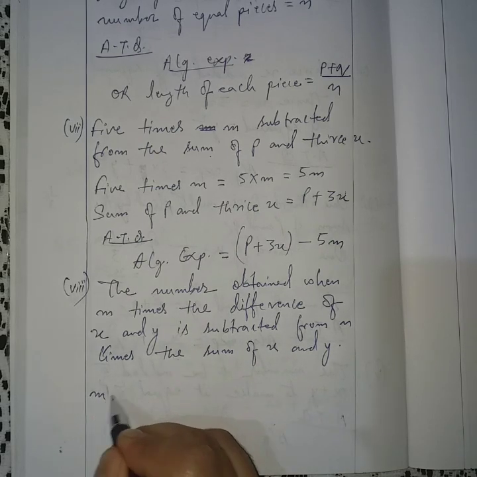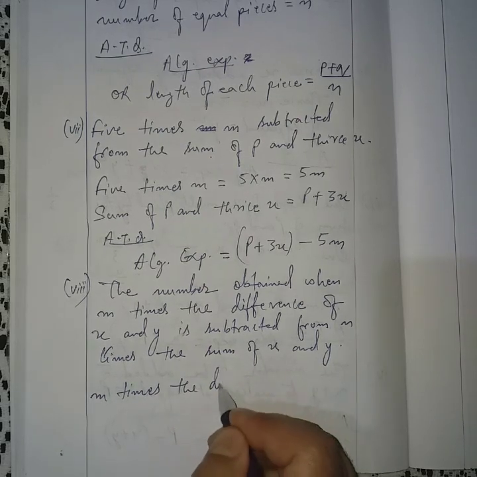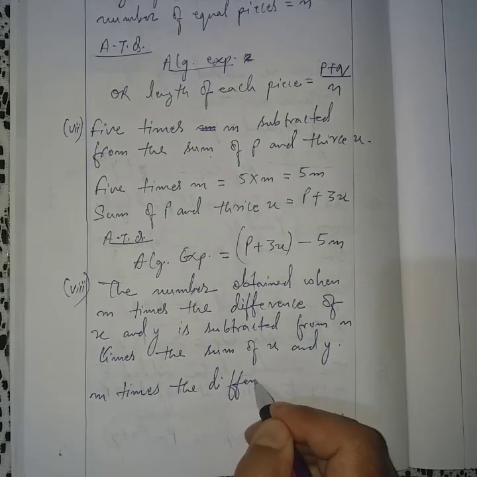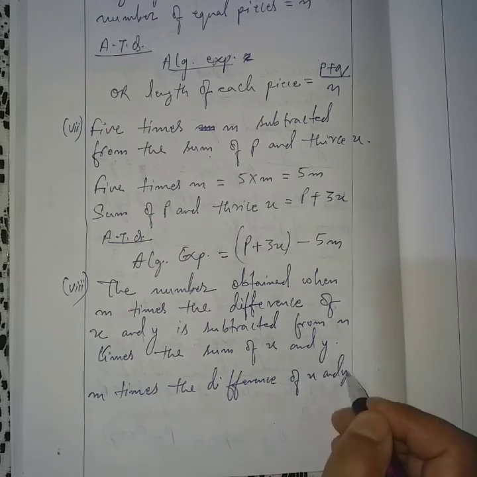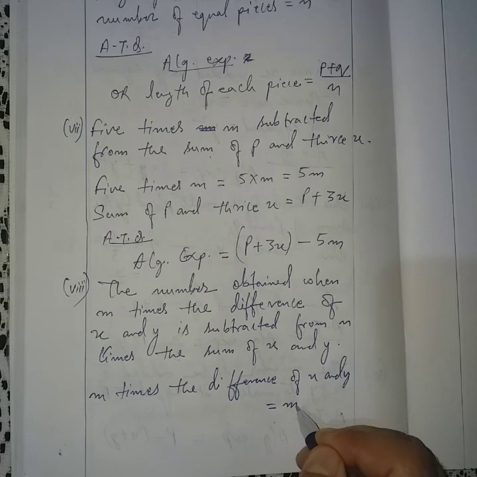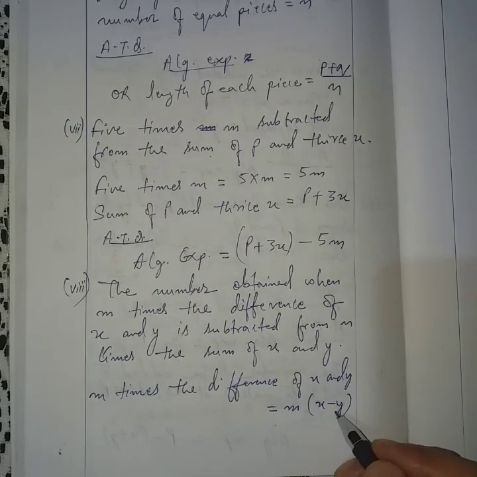So let us write m times the difference of x and y will be equal to what? m times the difference of x and y, like this; difference means to subtract.